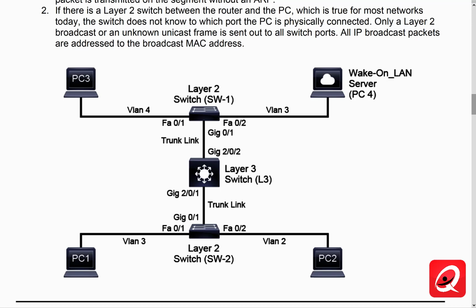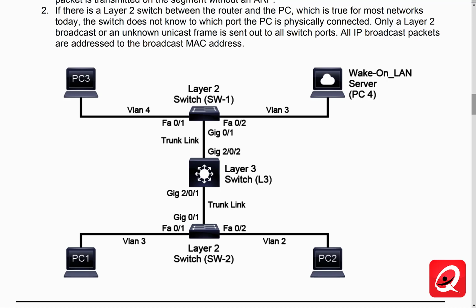So for VLAN 3, we don't have really a lot of issues because VLAN 3 spans to the DHCP server. But the issue that we have with VLAN 4 and VLAN 2 is that those are in separate broadcast domains.